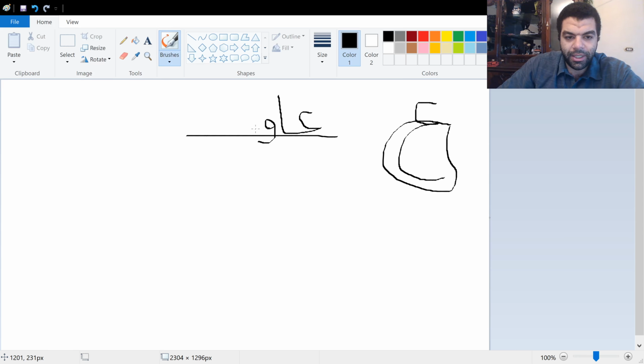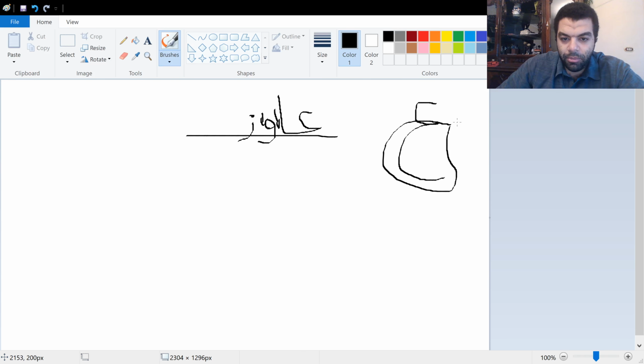Waw, we didn't take that yet, but we will today. Waw isn't connected from the left, and alif isn't connected from the left. So here, no connections, and here, no connections. Okay. Good.